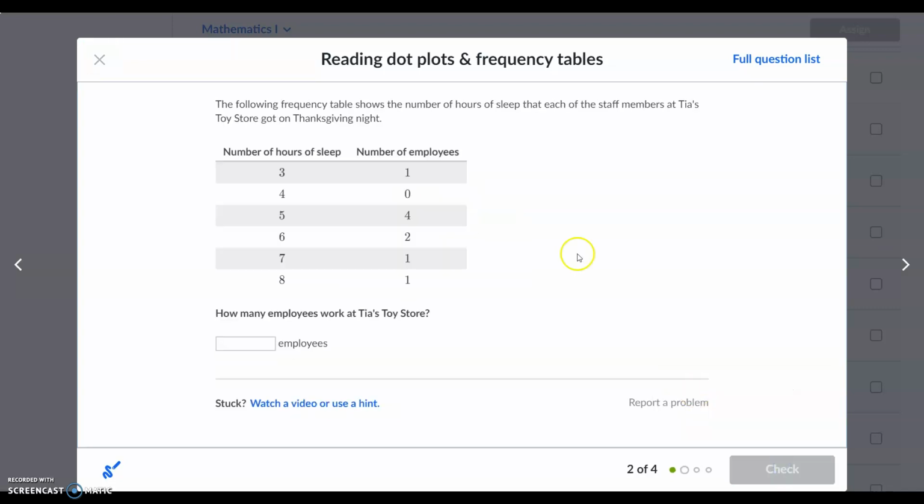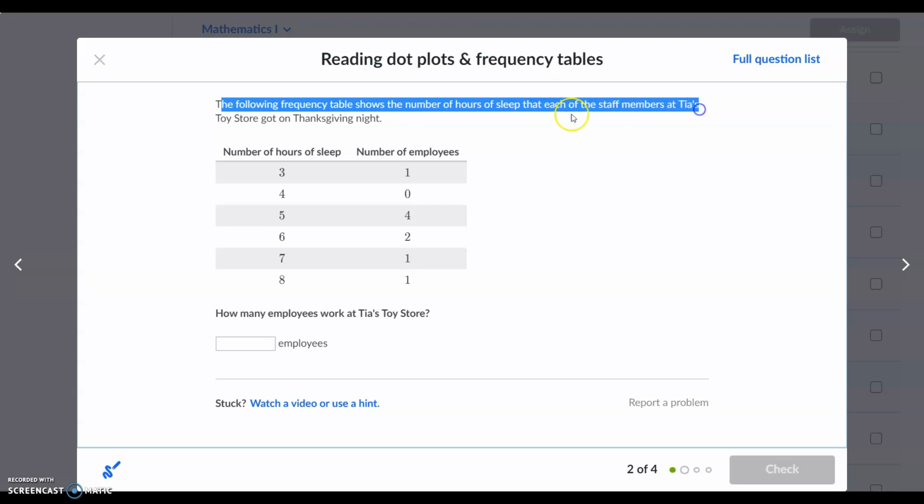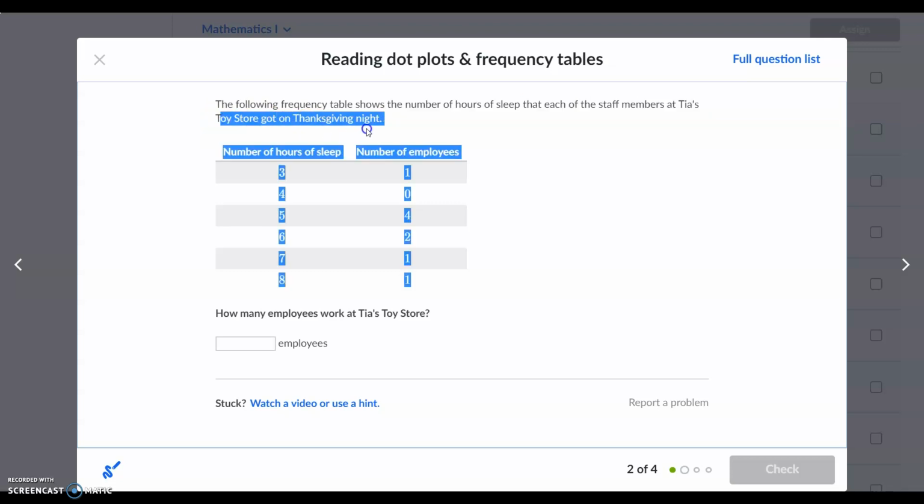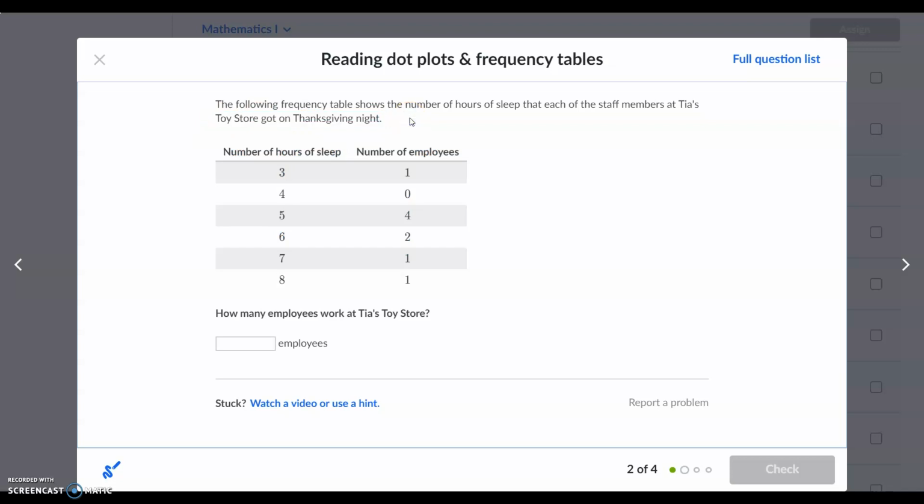Okay, here's another one. This is a frequency table. It says the following frequency table shows the number of hours of sleep that each of the staff members at Tia's toy store got on Thanksgiving night.